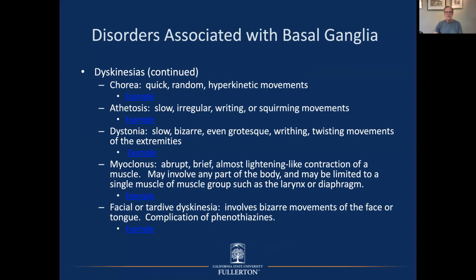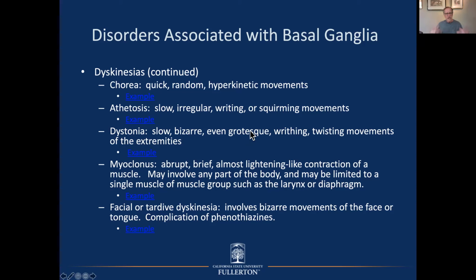These are dyskinesias. They're chorea. You might have heard of Huntington's chorea, athetosis, dystonia, myoclonus, and facial and tardive dyskinesia. None of these are going to be very common for us. Out of probably 50,000 patients, I've seen maybe 10 who have dystonia or facial dyskinesia, all involving their speech.